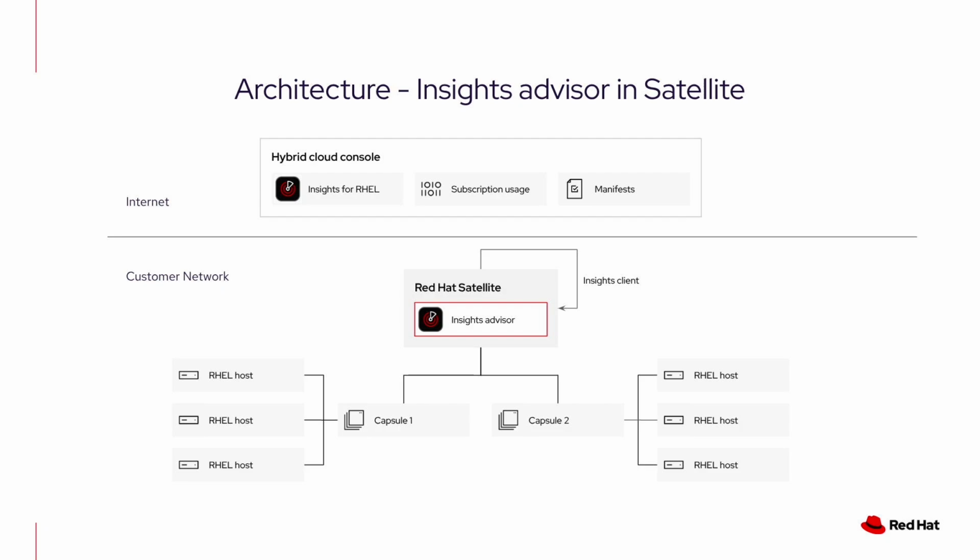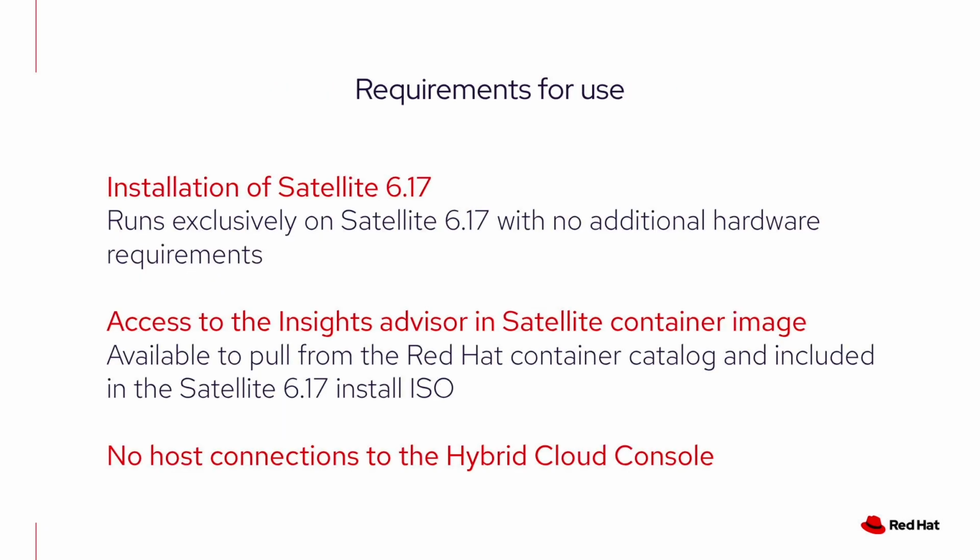If you're using any of the other services in Insights and you did this, you would not have access to them. You would not have the vulnerability service, the compliance service, or the subscription management service that we've got up there. So it does sever that connection completely between your Satellite and the hybrid cloud console.